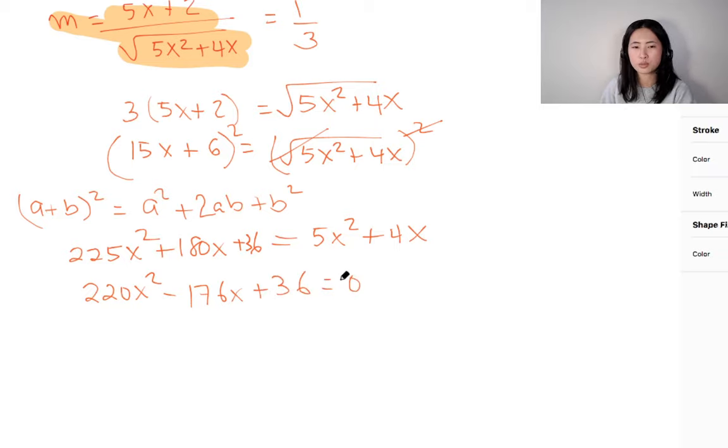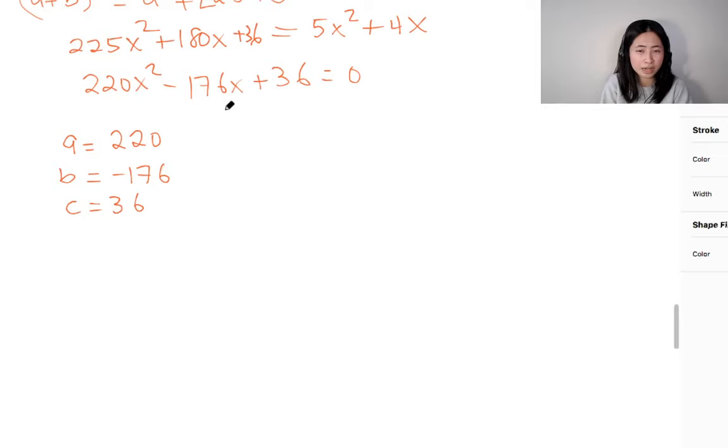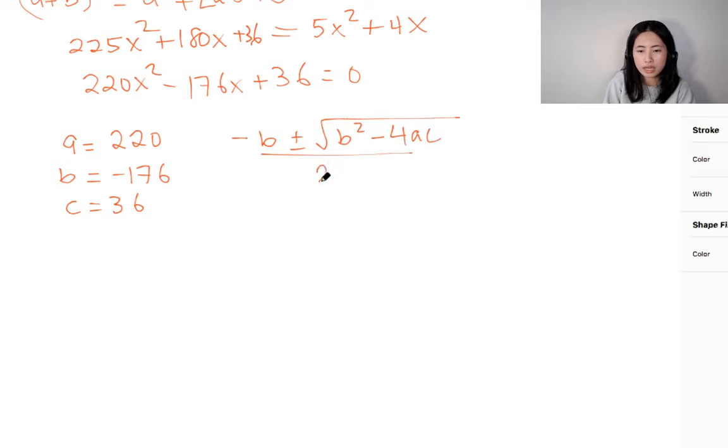Okay, so guess what? We need to apply the quadratic formula. So if you don't remember what the quadratic formula is, we need to find what a is, what b is, and what c is. Essentially, they're all our coefficients. So a is 220, b is negative 176, and finally, 36 is c, right? And the quadratic formula is negative b plus or minus square root of b squared minus 4ac, over 2a, right?